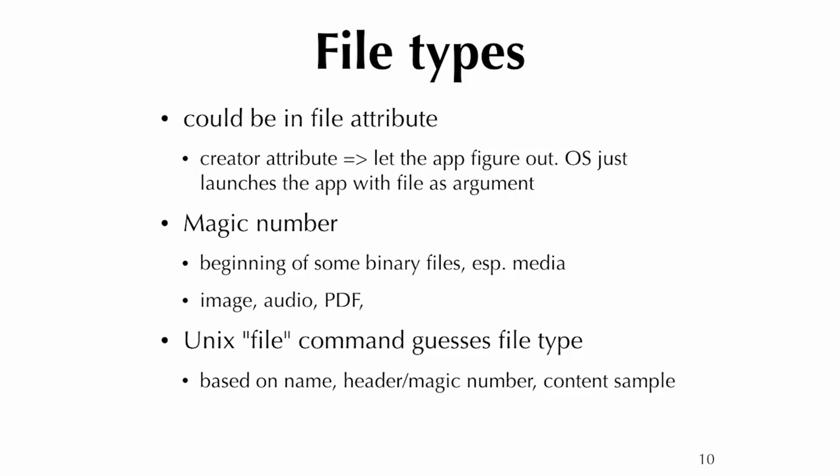Now, file types could be in a file attribute. And so now the app itself may say, okay, this is a type that I understand. But an app may understand multiple types of file. So for example, take Microsoft Word. It opens docx, maybe even HTML, it opens a number of different files, right?